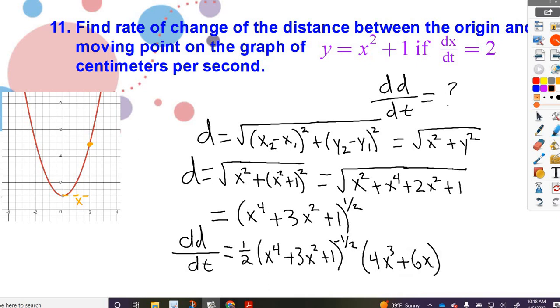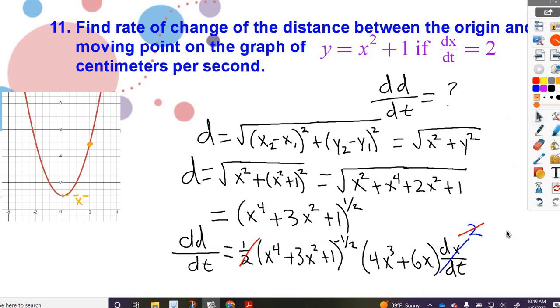Okay. And then, what else do I have to multiply by? Because what are we technically taking the derivative with respect to? T. So I have to technically multiply by the other inside, which would be the dx dt. Which, yes, we know that this is 2. So notice that my 2 and my 1/2 are going to reduce. So that's nice.